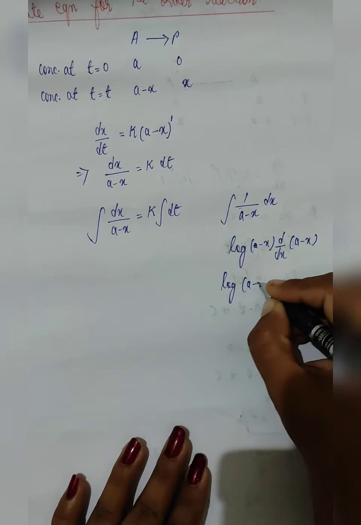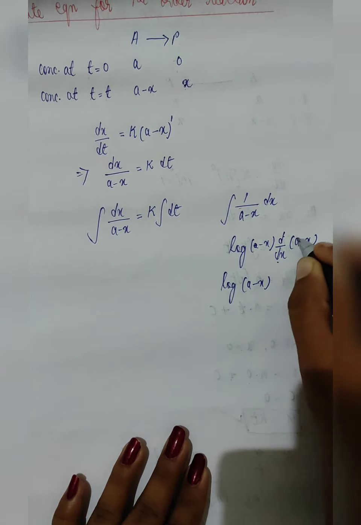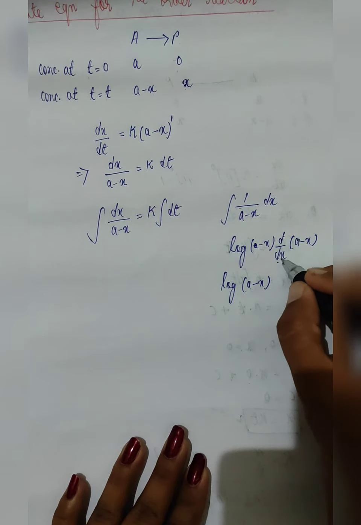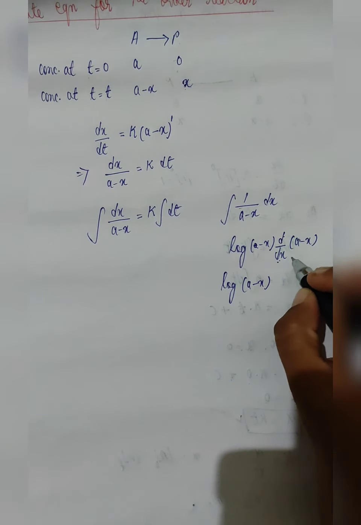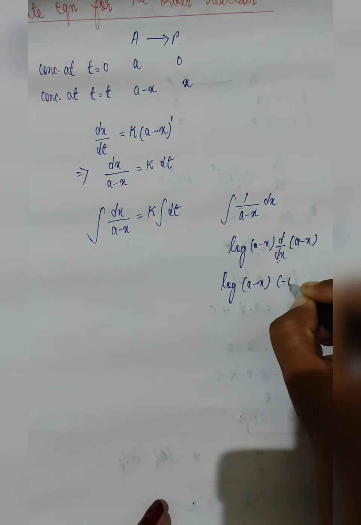So log a minus x, d by dx of the constant term is 0, so this will be cancelled out. d by dx of x is 1, so from here we get a minus sign, so it will be minus 1.